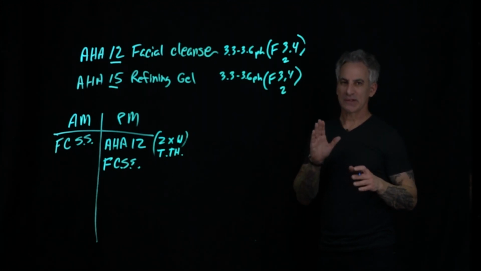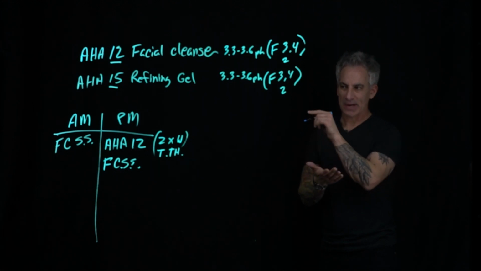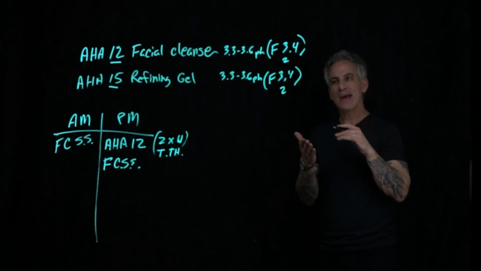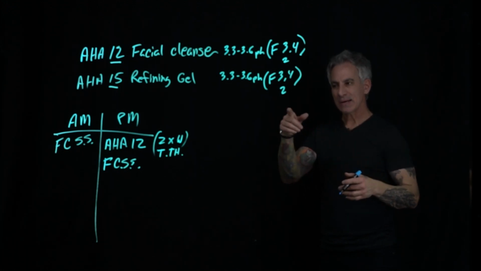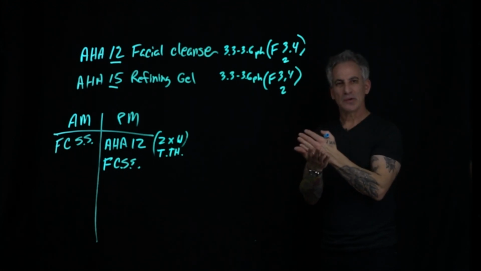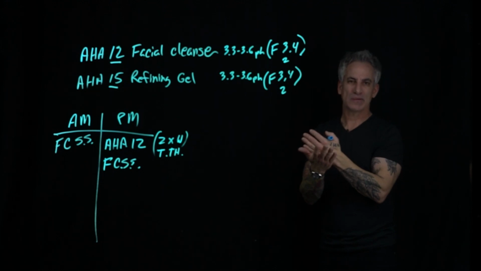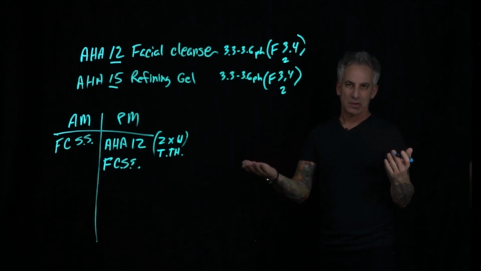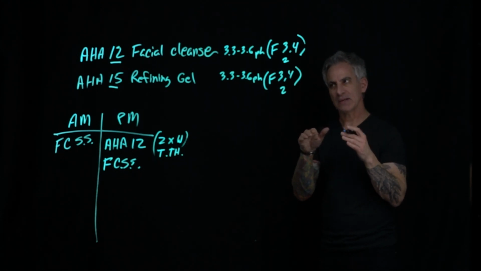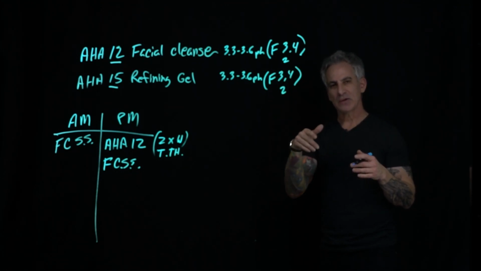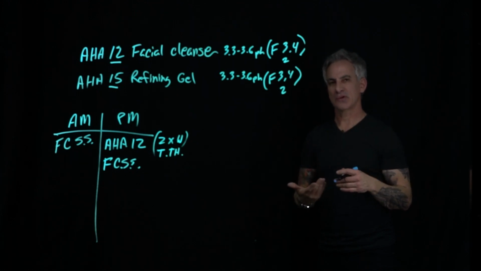Now that's really tough to do because of the surfactants that are in this product, which are going to take some of the barrier function away from the stratum corneum and allow the glycolic acid to penetrate into the upper layers of the stratum corneum. That's really what the benefit is of combining the AHA 12, the glycolic acid, with the surfactants.